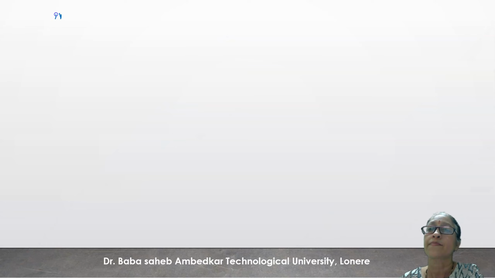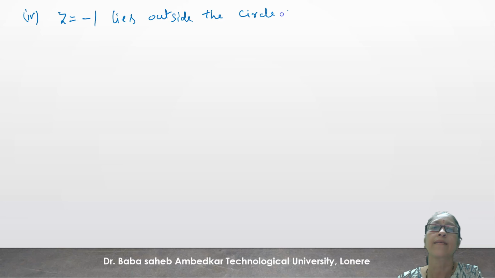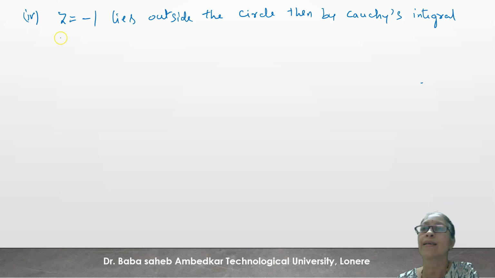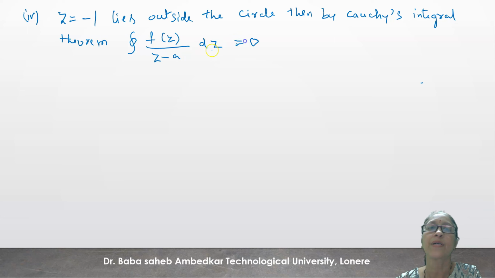So first let us take z equal to minus 1. It lies outside the circle. Then by Cauchy's integral theorem, the integral of f of z by z minus a dz equal to 0.